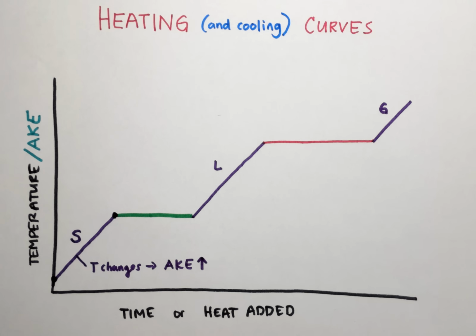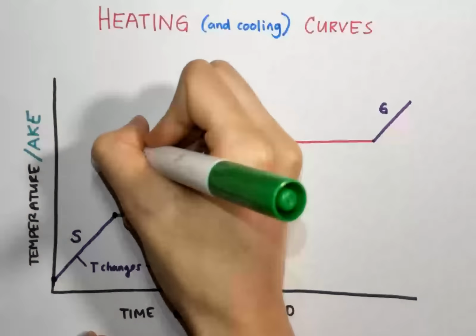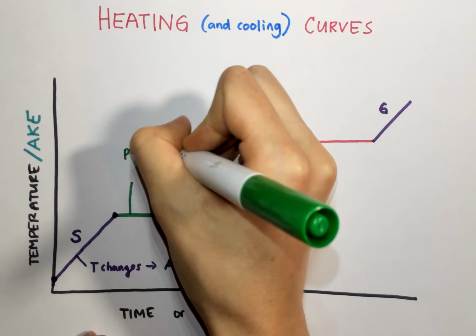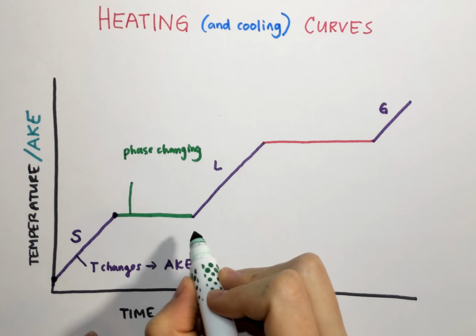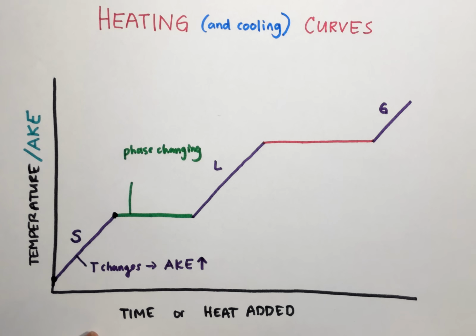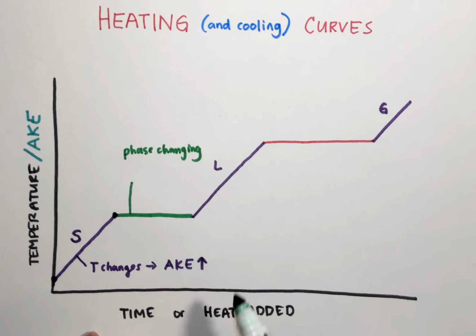But what about the green line? And notice here that what's happening is that the phase of matter is changing, not the temperature. That flat line indicates to me that average kinetic energy is just doing nothing. It's sitting there, not declining, not increasing. It's staying completely constant. But you can tell from our axis that heat is still being added.